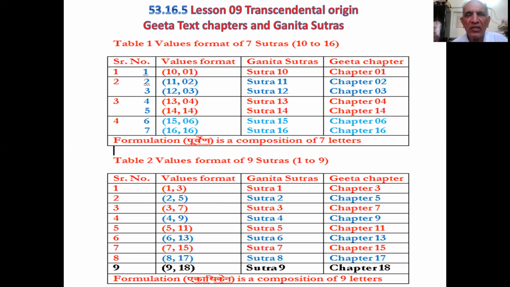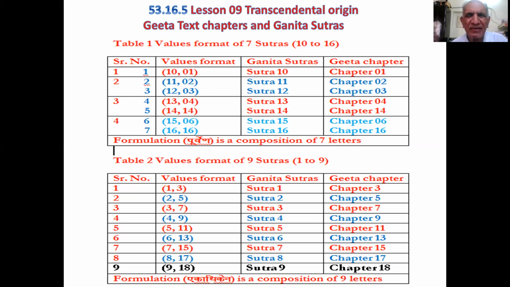The values 11 and 2, 12 and 3 coordinate, correlate Ganita Sutra 11 with chapter 2 and Ganita Sutra 12 with chapter 3.